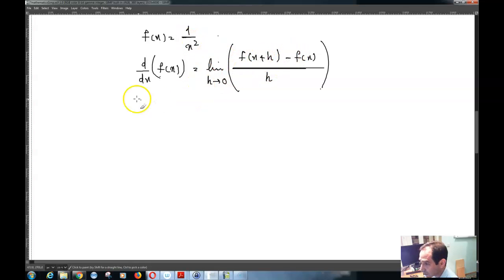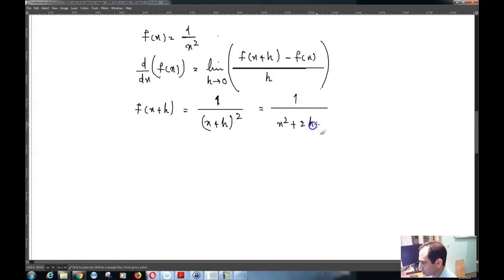In this case, f of x plus h is equal to 1 over x plus h whole squared, which is equal to 1 over x squared plus 2 times hx plus h squared. So that is the value of f of x plus h.